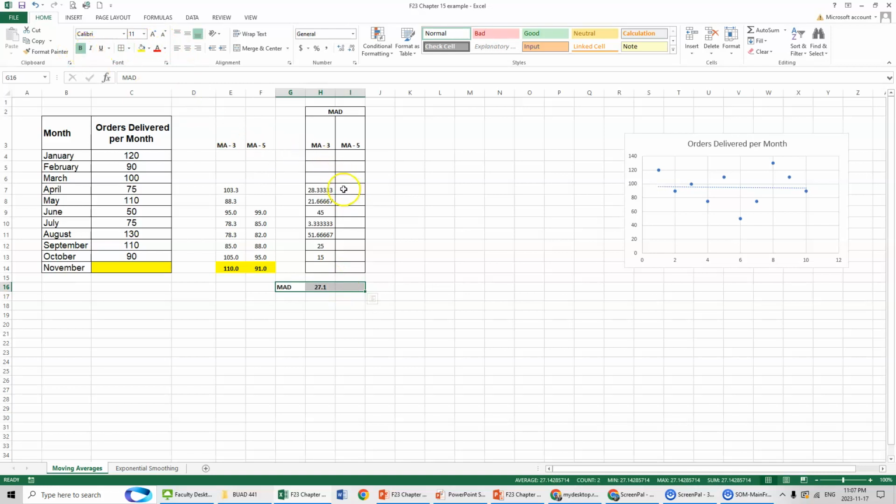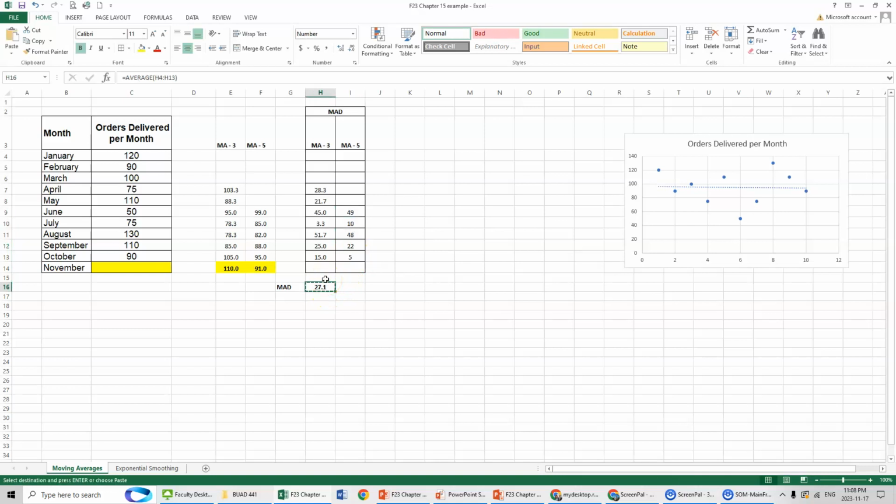Now with the mean absolute deviation process for the 5-month moving average, we have fewer pieces of data to work with. So once again, equals ABS, the absolute difference between demand and the forecast, and we drag that down. Let's get rid of some of those decimals. This one doesn't look like there are any decimals.